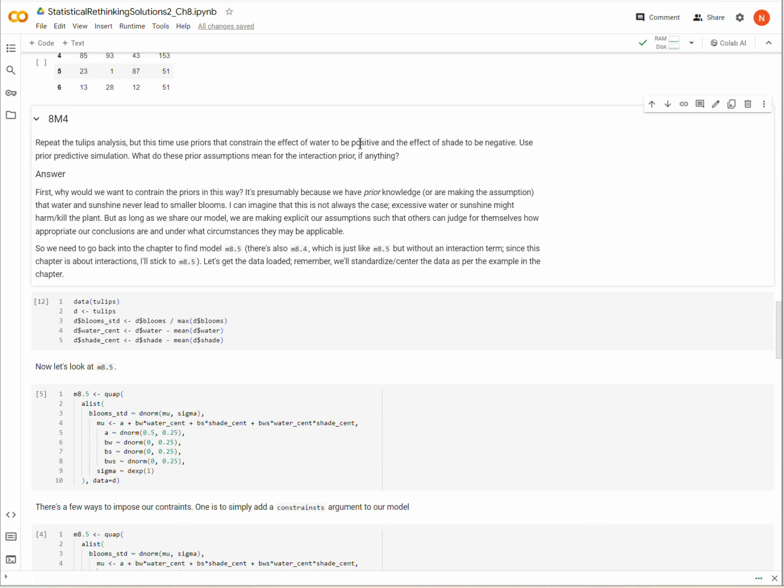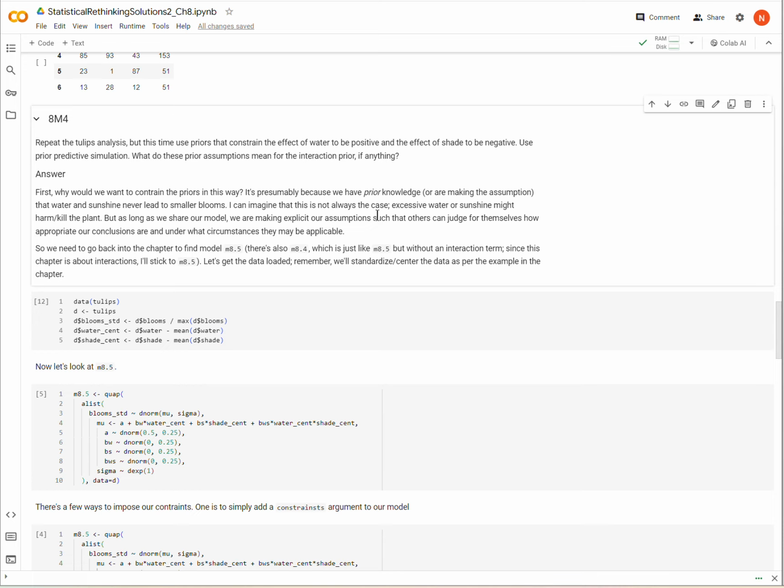Okay, so the first thing to address is, why would we want to constrain the priors in this way, right? Well, presumably it's because we know something, or at least we are assuming something that makes these priors make sense. Okay, but I can imagine scenarios where more water does not always lead to bigger blooms, or that more sunshine leads to bigger blooms, right? I can imagine where you have excessive water or sunlight that maybe harms or kills a plant.